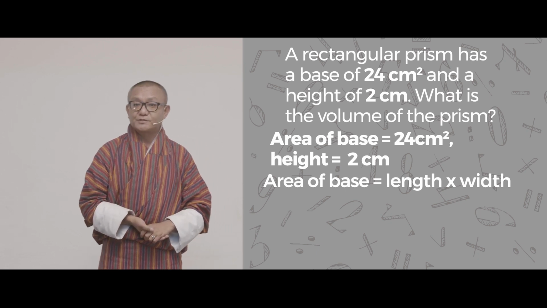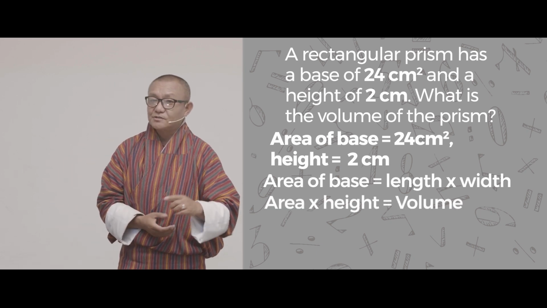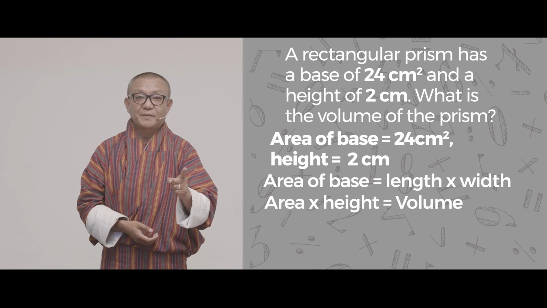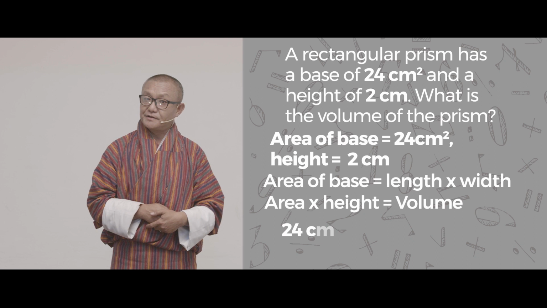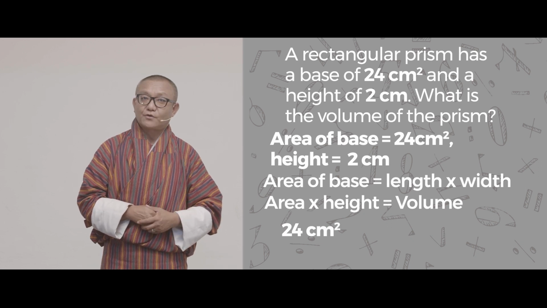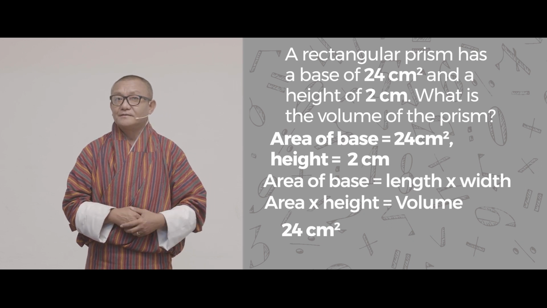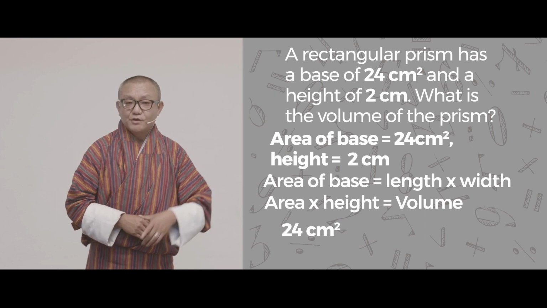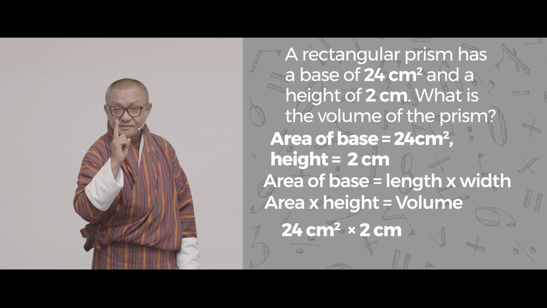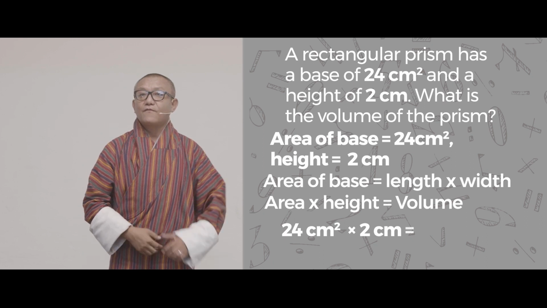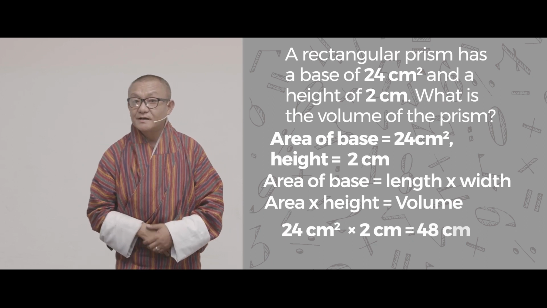So volume is equal to area of the base multiplied by height. Here the area is 24 centimeter square. So volume of the prism will be 24 centimeter square multiplied by the height 2 centimeter, which will give you 48 centimeter cube.